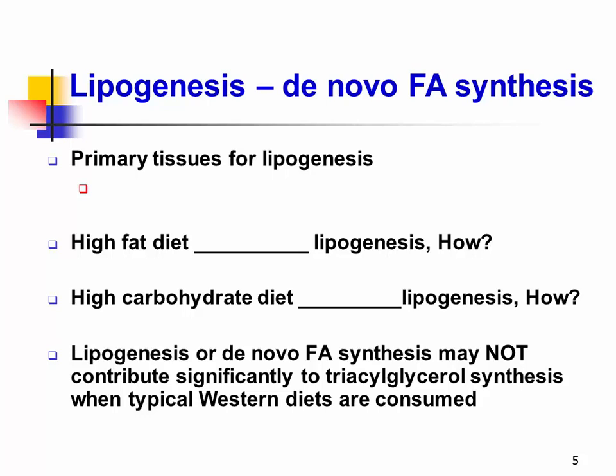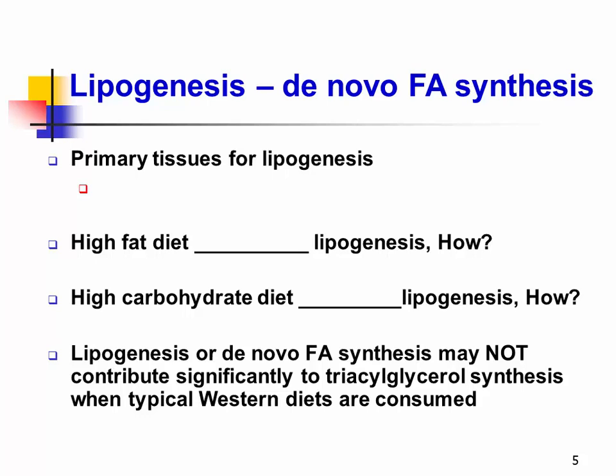In which tissue would you think fatty acid synthesis, or lipogenesis, occurs? Which tissue is the most important? Liver? Oh, it's already in the notes. I should not have put that. Liver and adipose tissue, right? So why do we put the liver first?